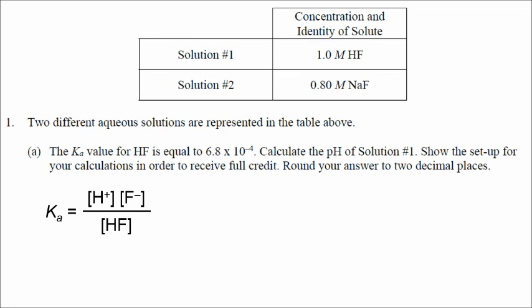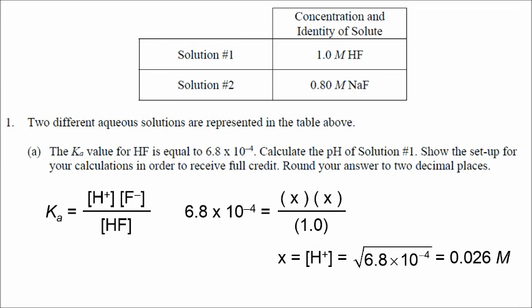We know the concentration of HF is 1 molar, but we don't know the concentrations of H plus and F minus, so we'll call them X and X. When we solve for X, that gives us the concentration of H plus, and it works out to be 0.026. And by the way, the simplifying assumption here is valid. I did the quadratic equation for this and I still got 0.026. The negative log of that number is 1.59, so that is our pH for solution 1.